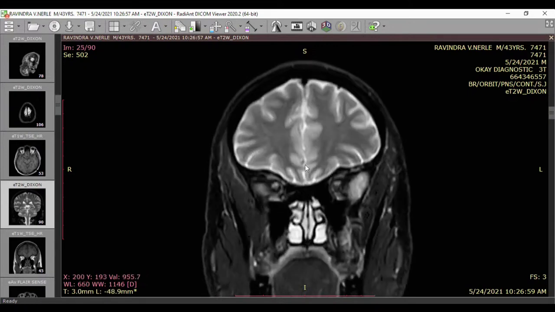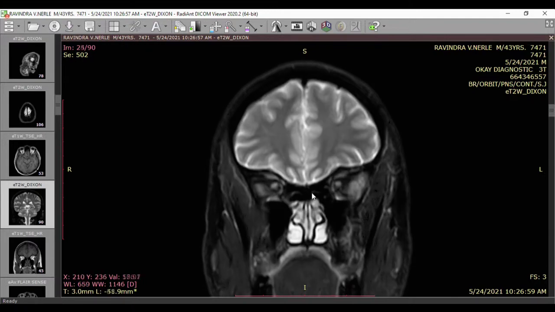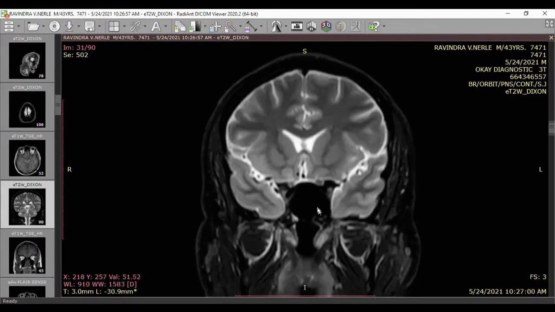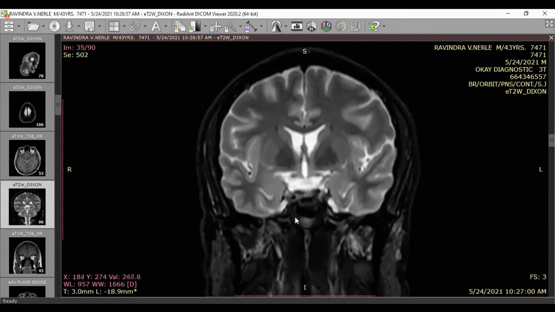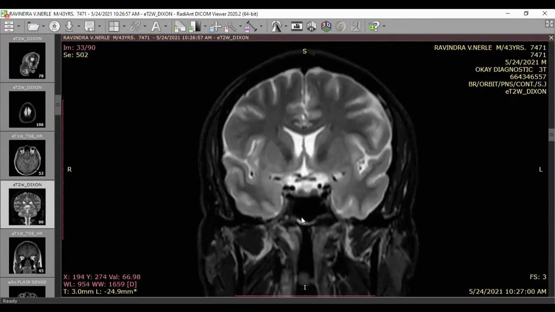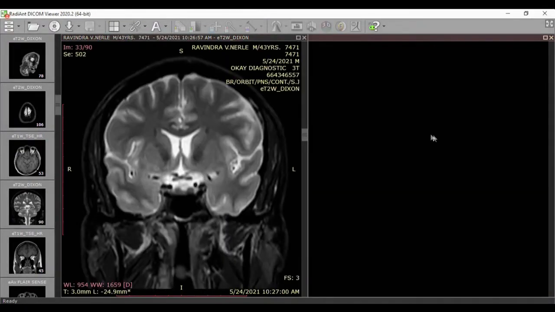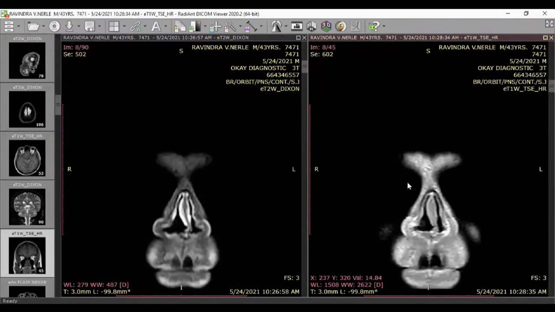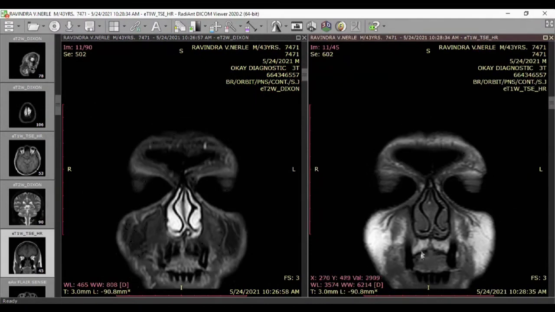Now, this is a normal fat suppressed MRI where you see no abnormal enhancement anywhere. The fat is suppressed everywhere. Now I am bringing up the normal T1 weighted MRI. T1 will show wherever the fat is.